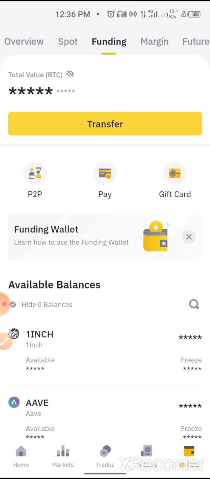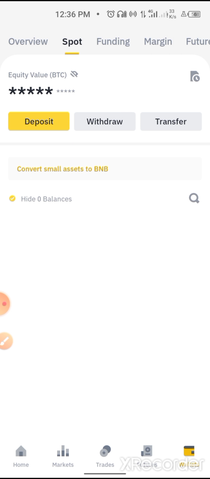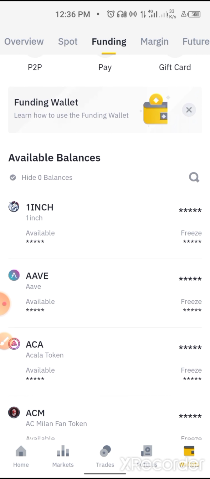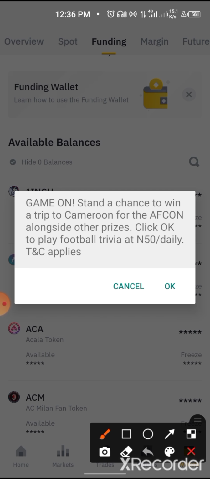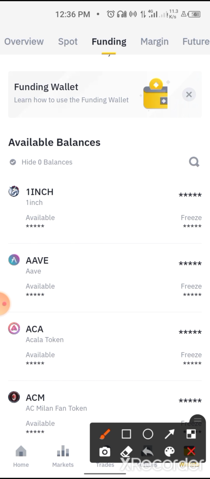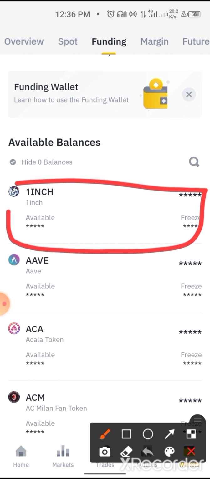Once you are done funding your wallet on Binance P2P, the tokens you buy are going to reflect here.